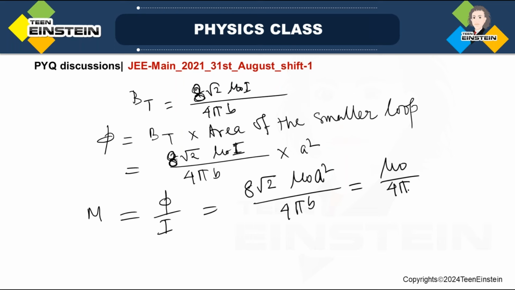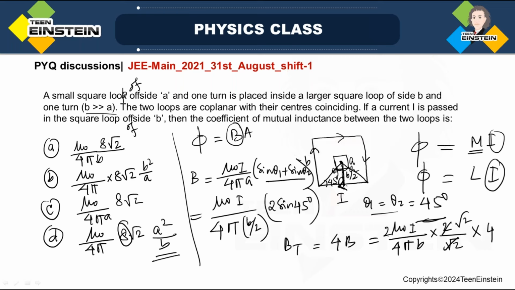Let me write mu 0 by 4 pi, then 8 root 2 and A square by B. Look at this fourth option. So this is actually the correct answer for this question.